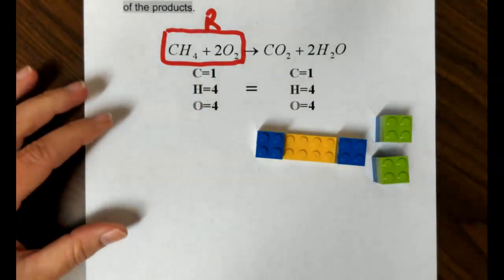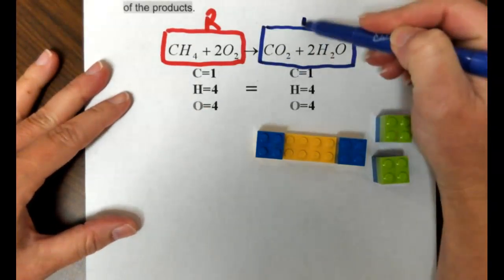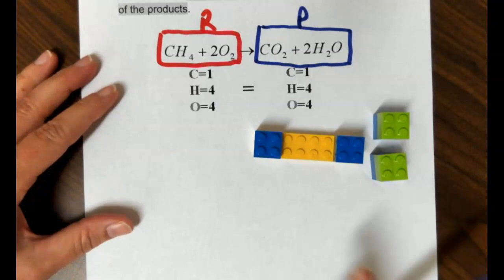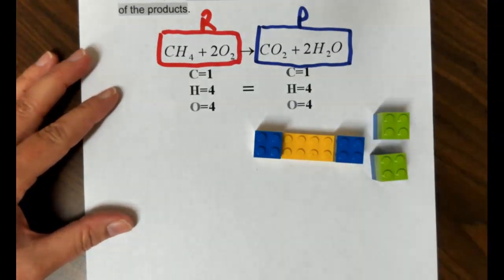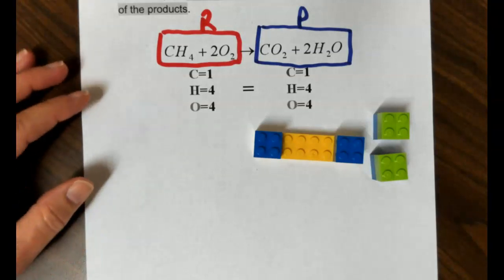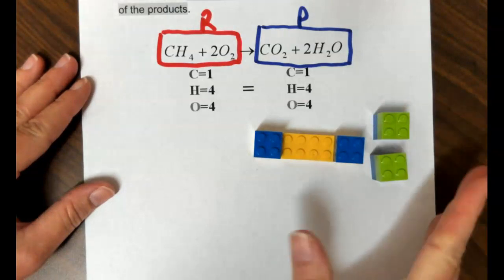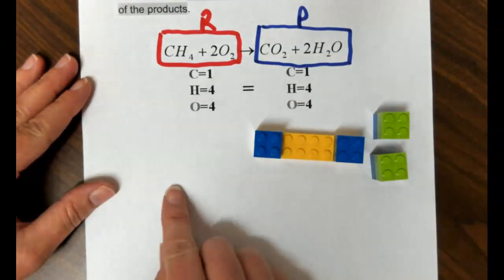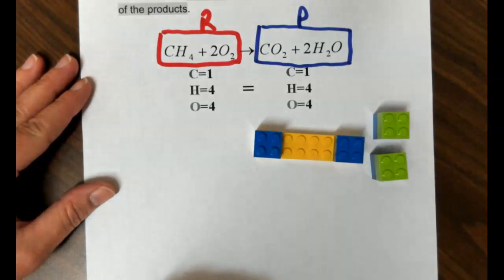So now in my products, this is my product side. We have carbon dioxide and we have 2 water molecules. Now you see that I was able to use the same atoms, rearrange them to form a new substance. I didn't create any more atoms and I didn't destroy or lose any atoms during this chemical reaction.